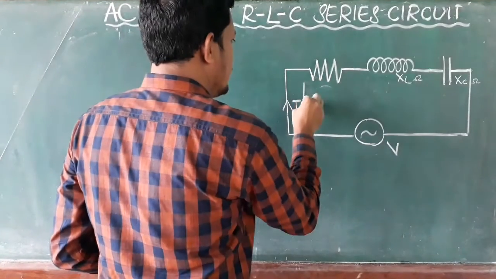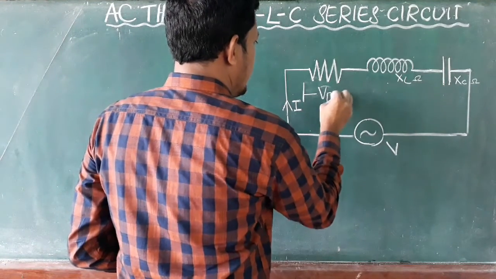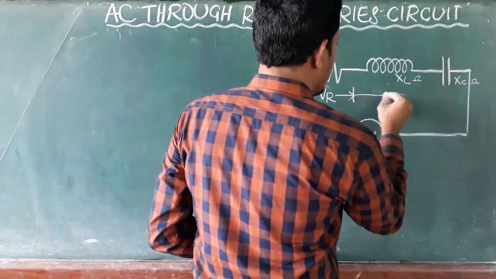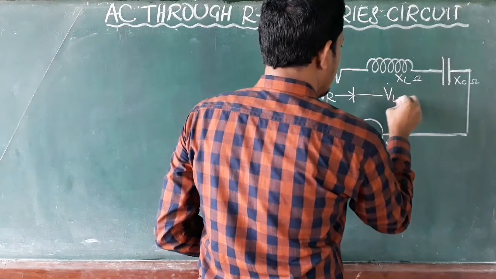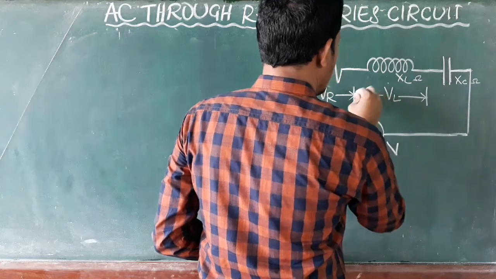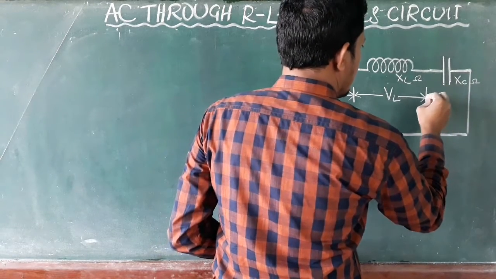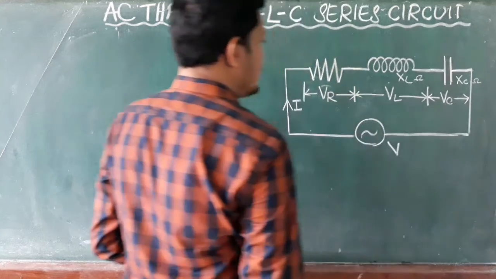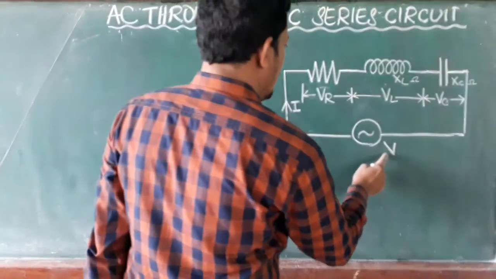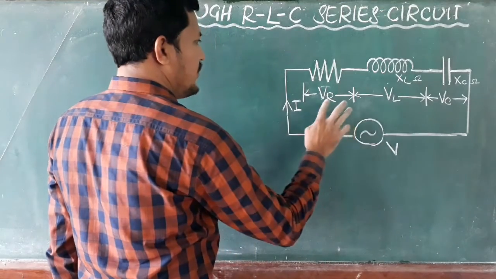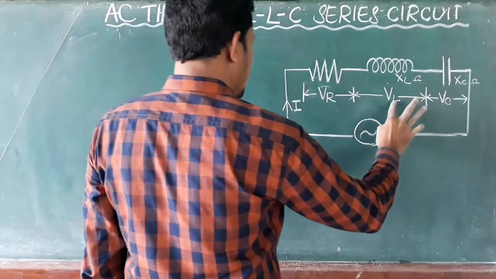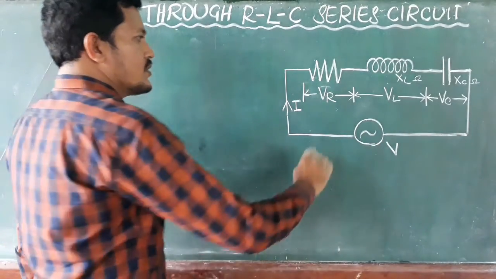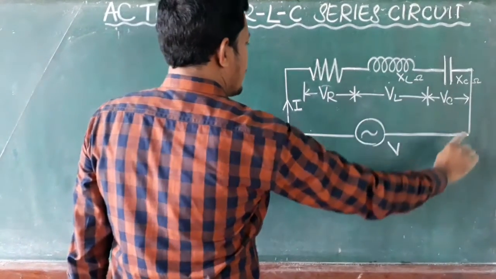I am indicating here: this one is VR, voltage across the resistance, next is voltage across the inductance, that is VL, and the last one is voltage across the capacitor, VC. Clear? Now it is very clear that the total voltage V equals the phasor sum of VR, VL and VC.